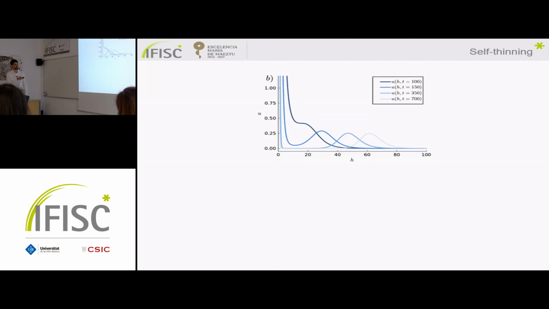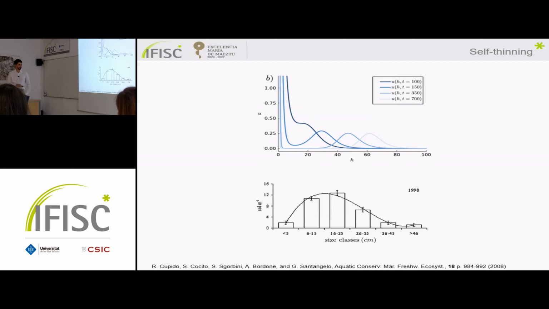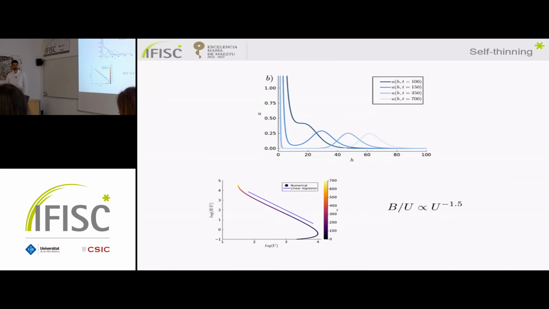So we have this kind of wave that is increasing in size. This can be related with the atypical distribution that we talked about at the beginning. Also, during this process, the system fits pretty well Yoda's law.